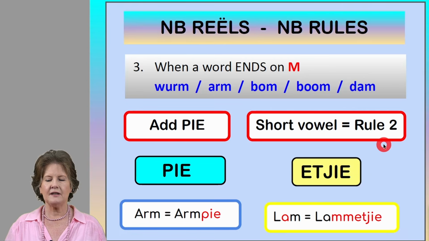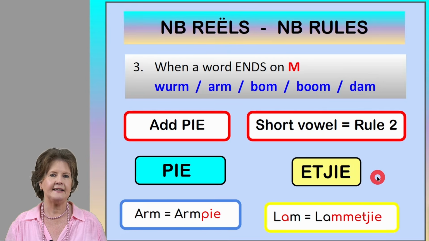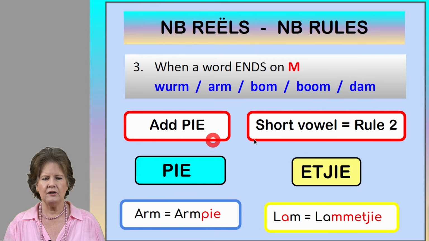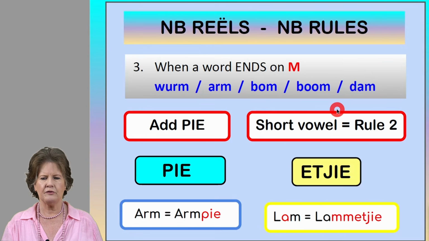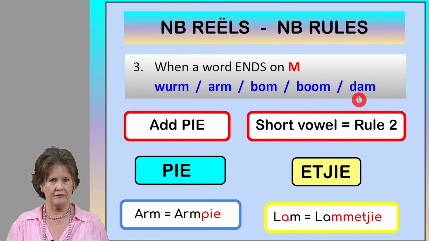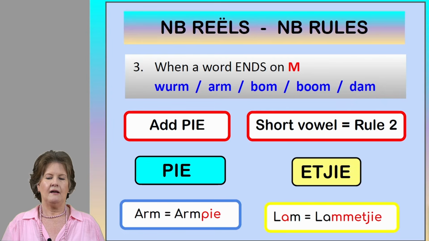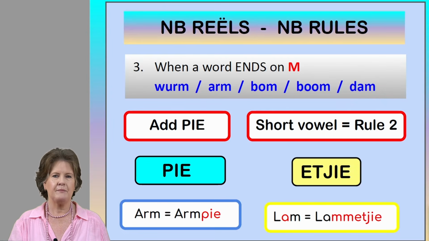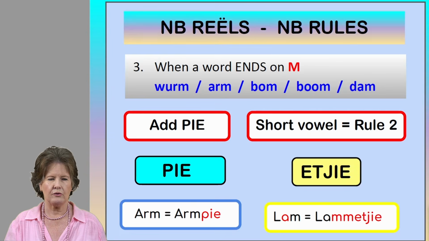You double the last letter and it is IE or TJIE. So all words, you can look there. Dom, there's a short vowel. Dum, there's a short vowel. So you do rule number 2. But any other M words, words ending in an M will get a PIE, except for your short vowel. Right, that is rule number 3.